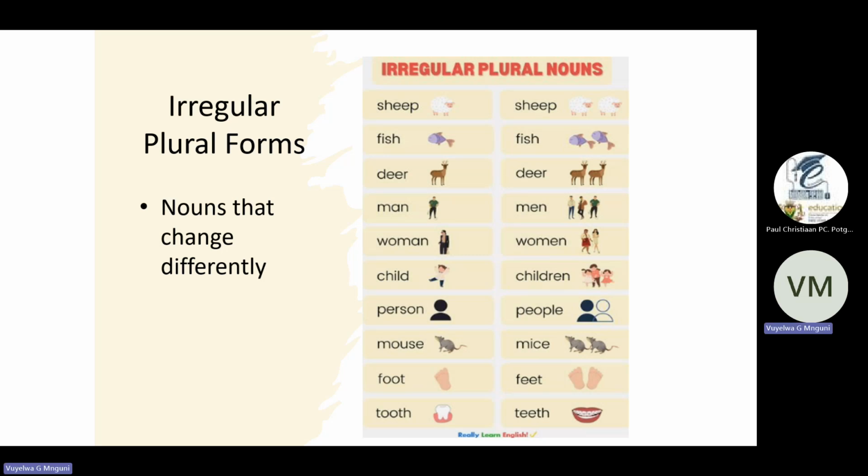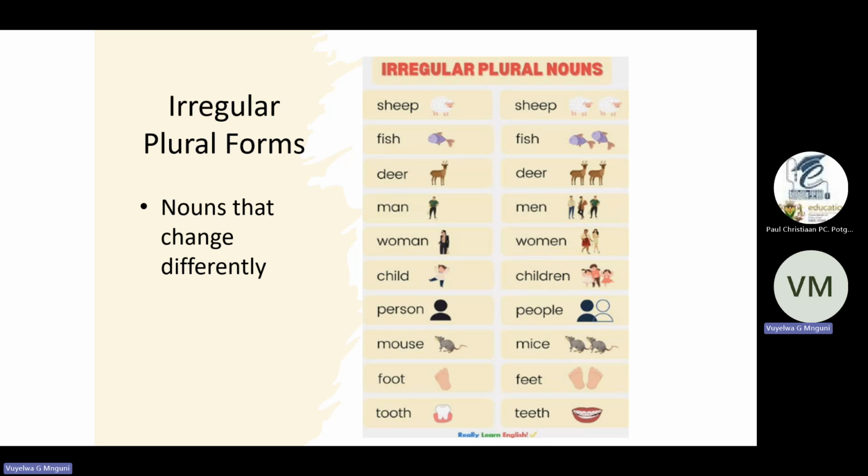Remember previously we added S, or we might add ES at times. But now look at this one, sheep. If there are many, it's still sheep. We can't say sheeps. Then fish remains fish. We can't say fishes. Then deer is deer. We can't say deers.